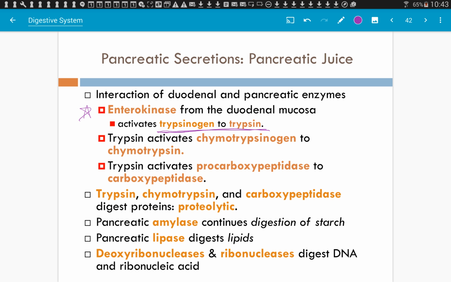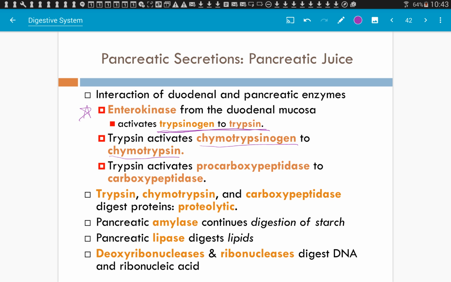Oh, and then trypsin activates, so there's a whole chain reaction. Trypsin then converts chymotrypsinogen to chymotrypsin, and also converts procarboxypeptidase to carboxypeptidase. All three of those, what's the point of that?